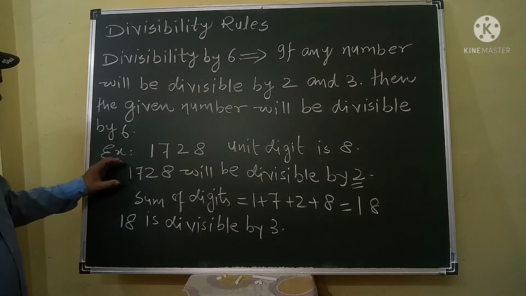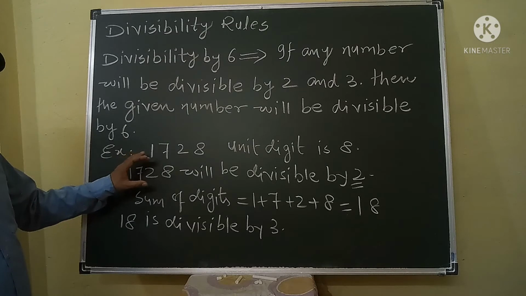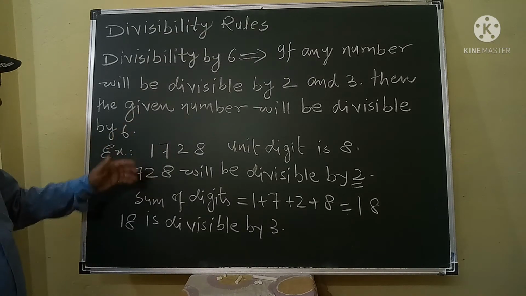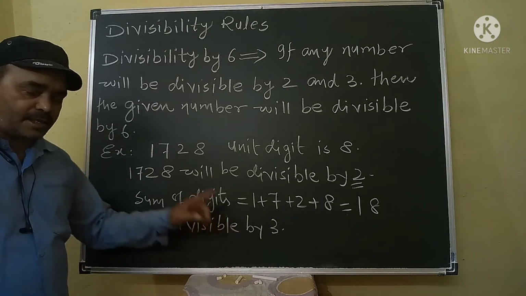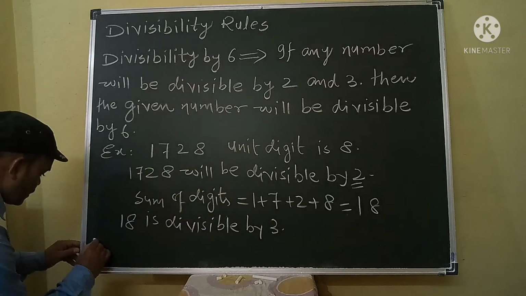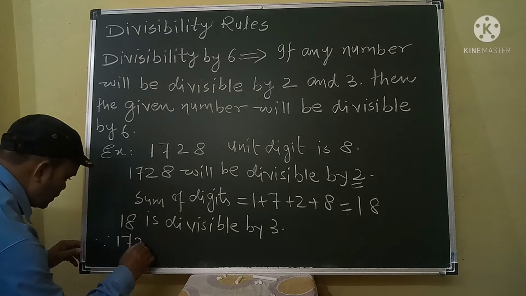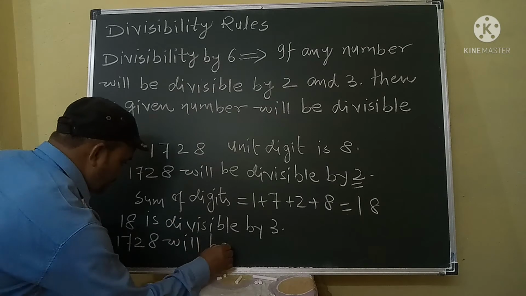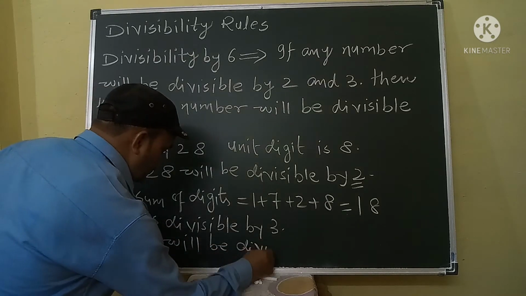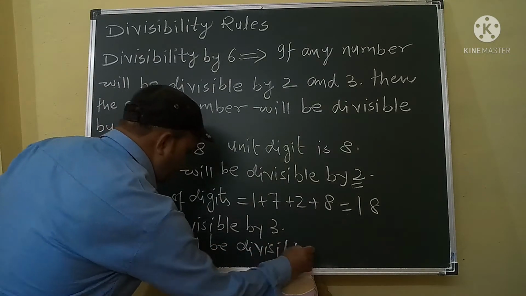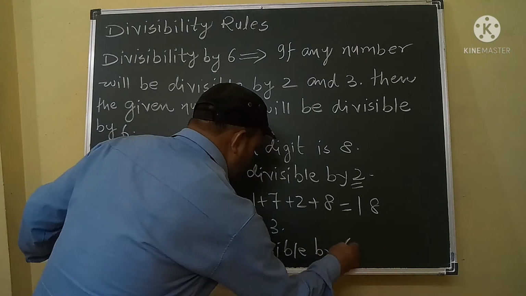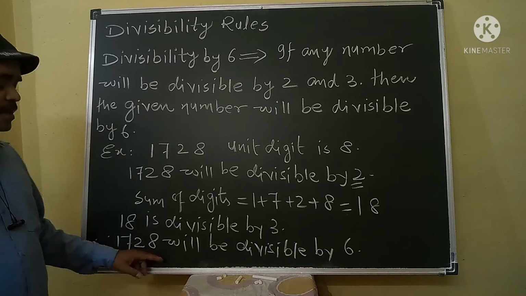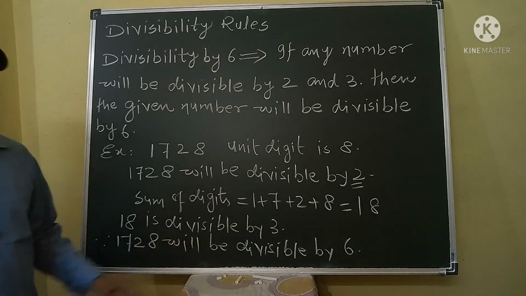That means 1728 is divisible by 2 and divisible by 3. That means 1728 will be divisible by 6. Okay, so this number will be divisible by 6.